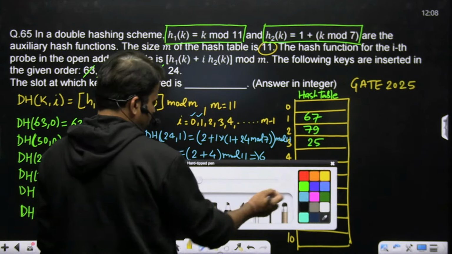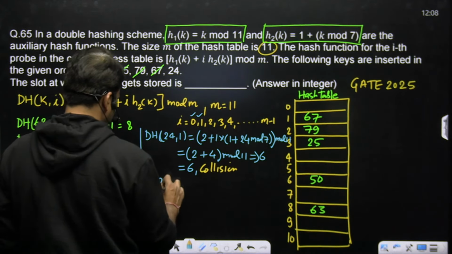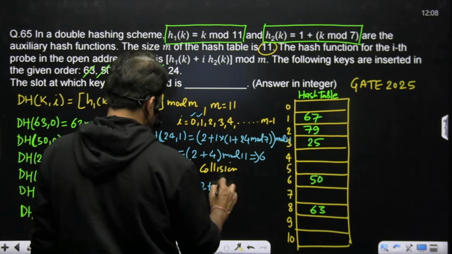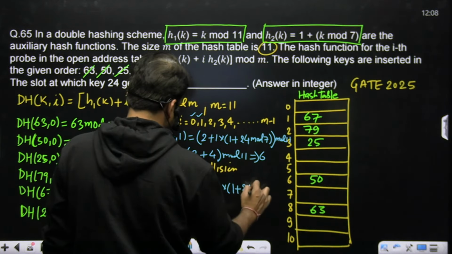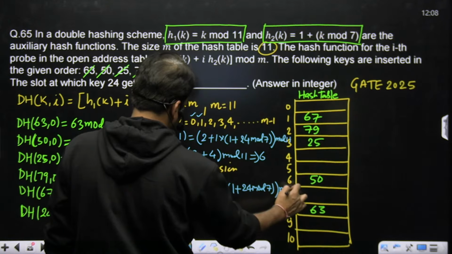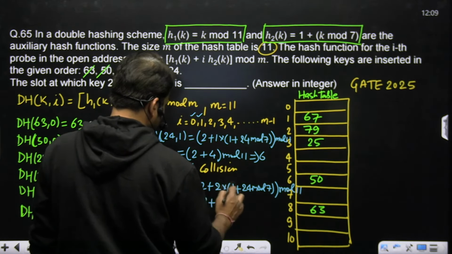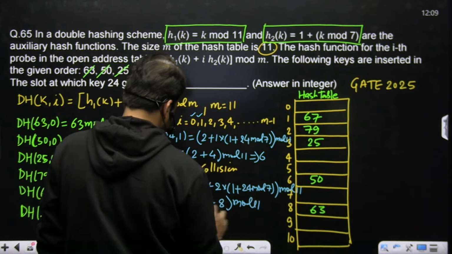50 स्टोर है ना? देन चूज i वैल्यू इक्वल्स टू 2। If you choose i value 2, so 2 into 1 plus 24 mod of 7, mod of 11, so this is 2 plus 4 into 2, sir 8, mod 11, so it will give sir 10, right?